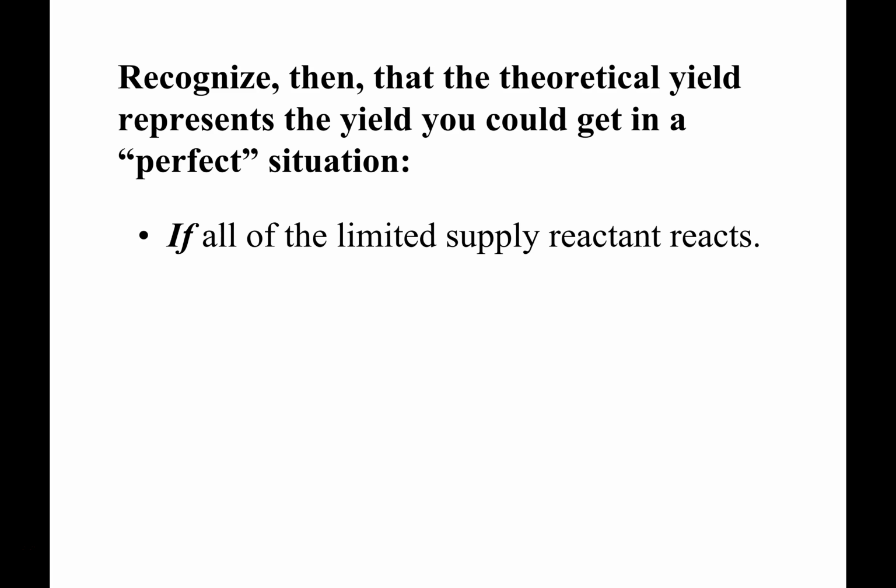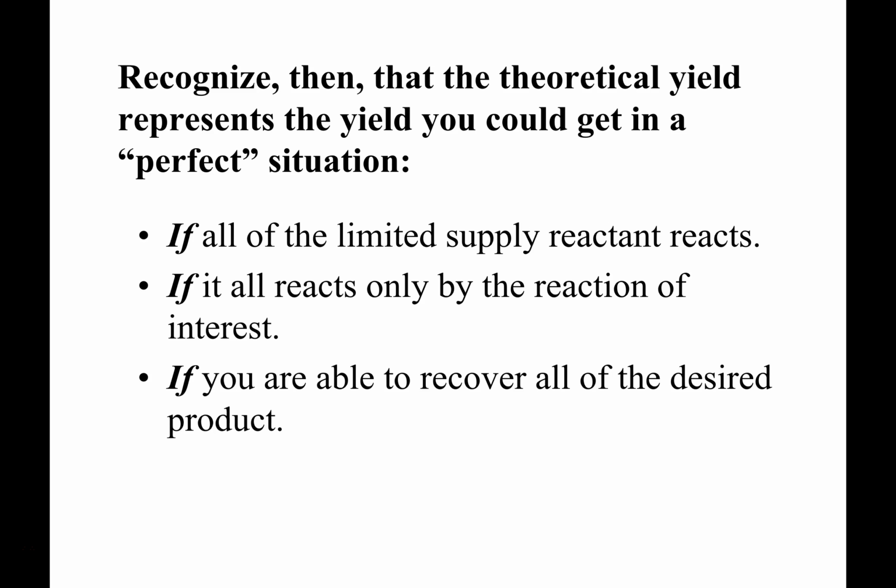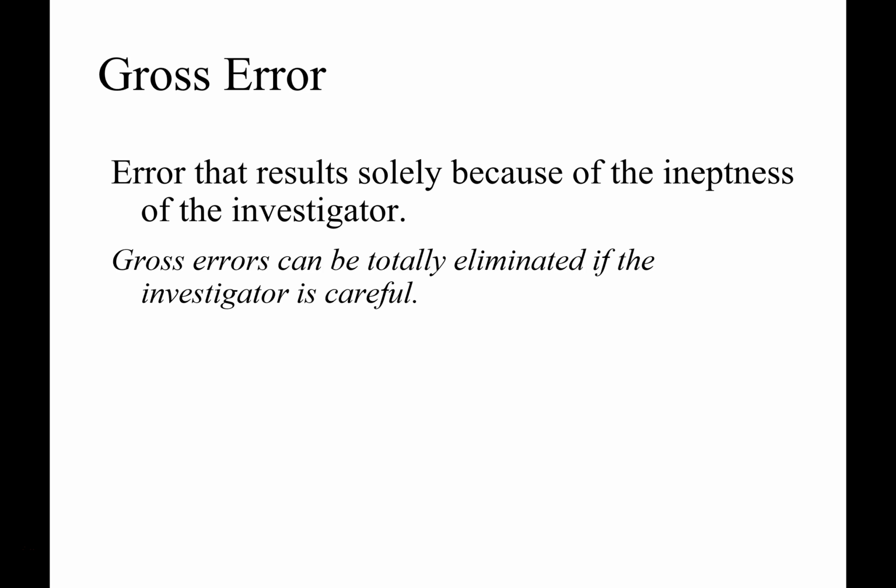If all of the limiting reactant proceeded to form product, if there weren't any competing reactions, there's a lot of ifs, okay? And if for each step, if there's multiple steps in your chemical reaction, you were able to recover your product, okay? That's a lot of ifs. So that, my friends, is why you usually get less than you thought you were supposed to get.